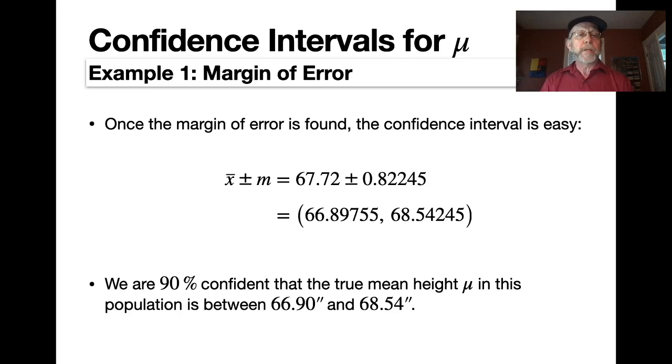That turns out to be the interval from 66.9 up to 68.54. So this tells us that we're 90% confident that the true mean height mu in this population is between 66.9 inches and 68.54 inches, where I've rounded those values to 2 decimal places.